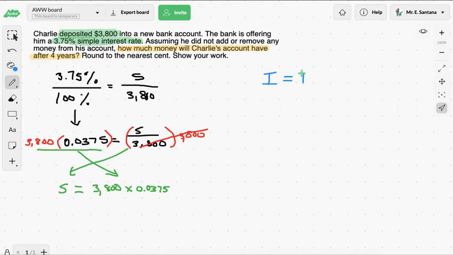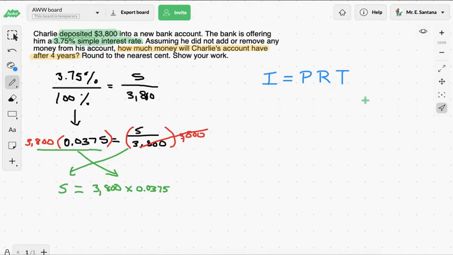In this case, P is the principal, which is the $3,800. That is the money that you are starting with. Then R is the rate, which we have as 0.0375. And then T is time, but we're measuring that in years. In this case, we're talking about 4 years.